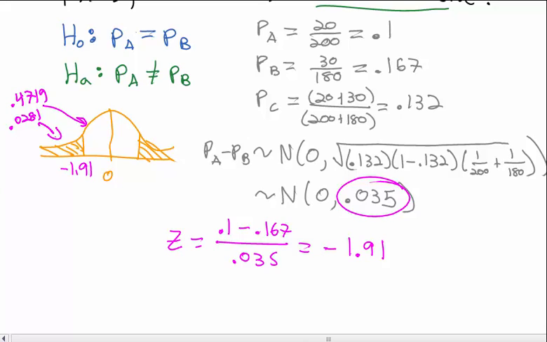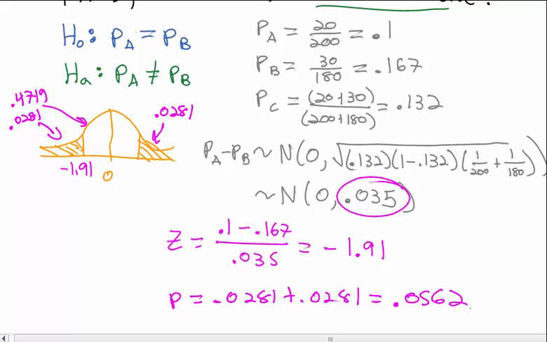But remember, with a two-tailed test, it's on both sides, 0.0281. So when we add those together to get our p-value, 0.0281 plus 0.0281, our p-value is 0.0562.